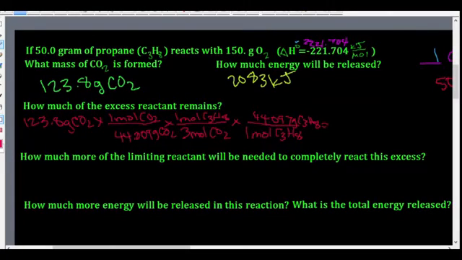So when you do all that in your calculator, you are actually going to get 41.3 grams of C3H8 used. Don't make this mistake. That's what you use. That's not what you have left over.